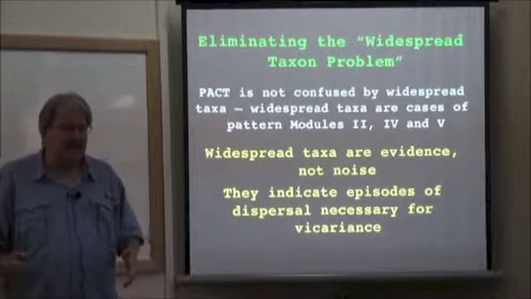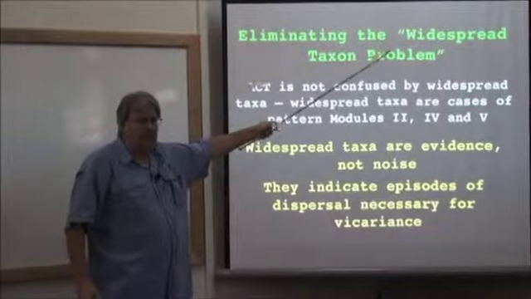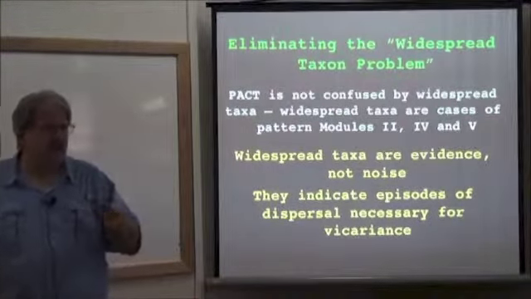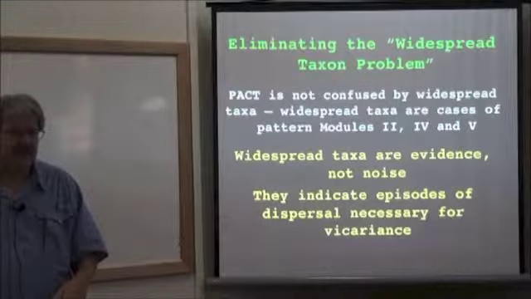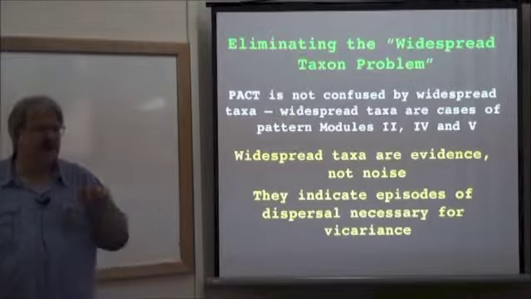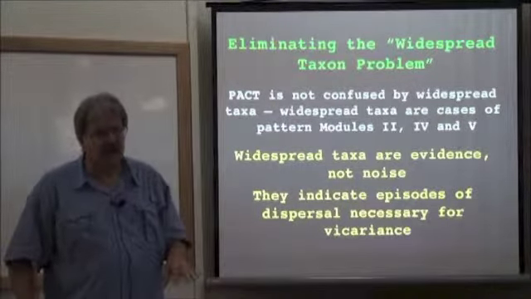Vicariance is based on the assumption that you have a widespread ancestor, which is then subdivided by climatological or geographic alterations. So this has always been a logically inconsistent part of the entire holistic biogeography program.